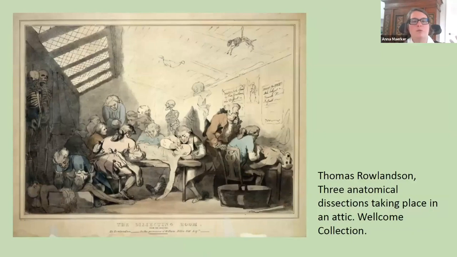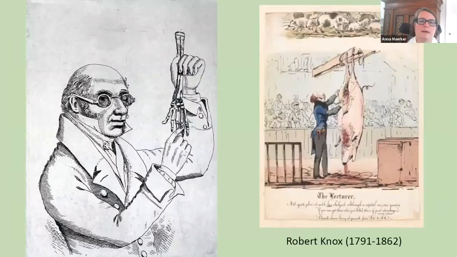And at the same time, while dissection becomes so important for medical education, the popular perception of dissection as dehumanizing and shameful often resulted in shortages of human material, which in turn gave rise to the insalubrious practice of body snatching. And here are just a few of the many images that came out of that debate.